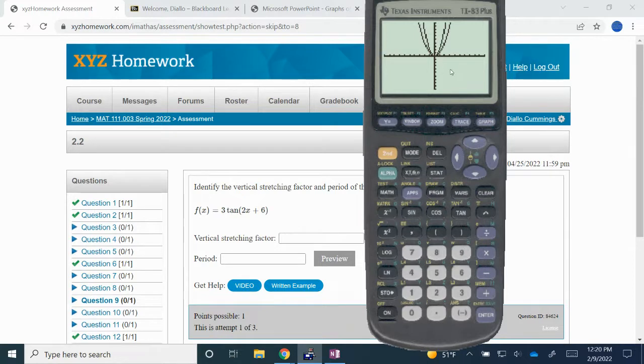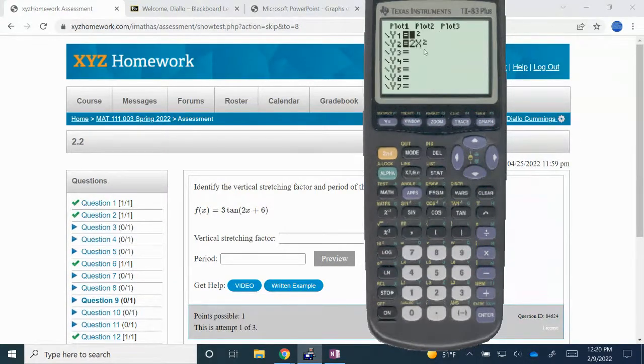If you think about a vertical stretch, if I were to take the two ends of this basic x squared graph and vertically pull up on those ends, my graph should close in on itself. That's considered to be a vertical stretch.